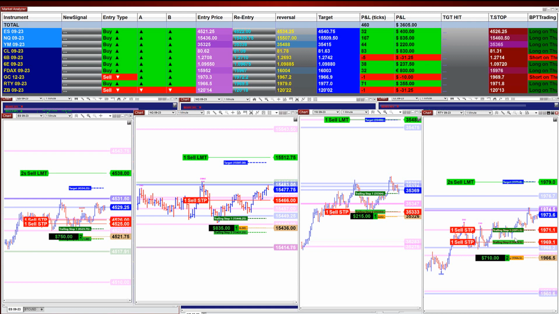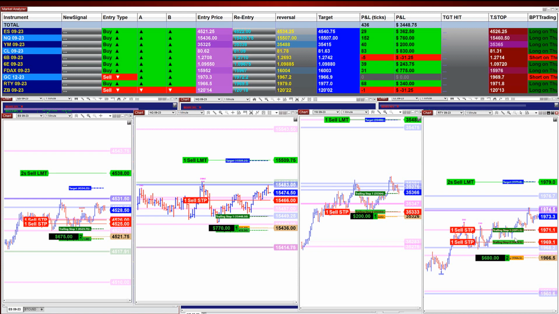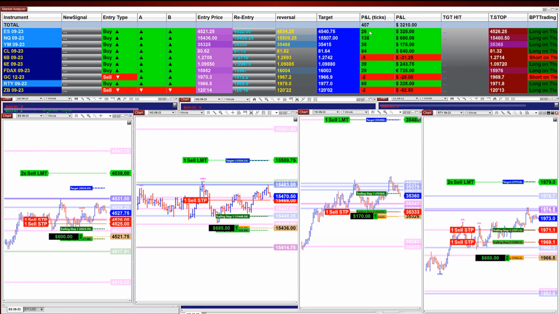You can use 1 minute, 2 minutes, 3 minutes, 5 minutes, whatever your magic number is, and you can keep everything on one screen, and then you can see the pressure from the market analyzer, giving you in detail what your entry price is, re-entry, what number you need to reverse, your target estimation, how many ticks based on the last entry signal, and this is based on one contract.